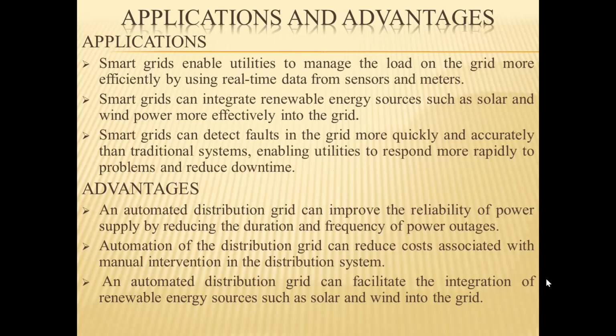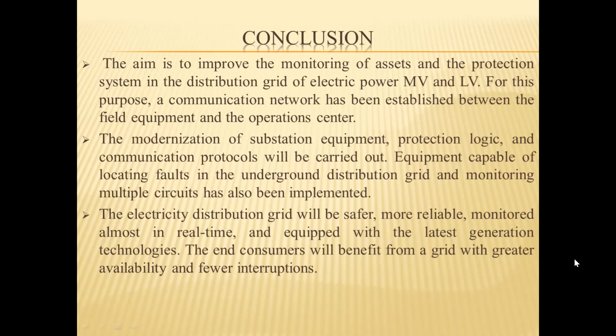The advantages include: an automated distribution grid can improve the reliability of power supply by reducing the duration and frequency of power outages. Automation of the distribution grid can reduce costs associated with manual interventions in the distribution system. An automated distribution grid can facilitate the integration of renewable energy sources such as solar and wind into the grid.